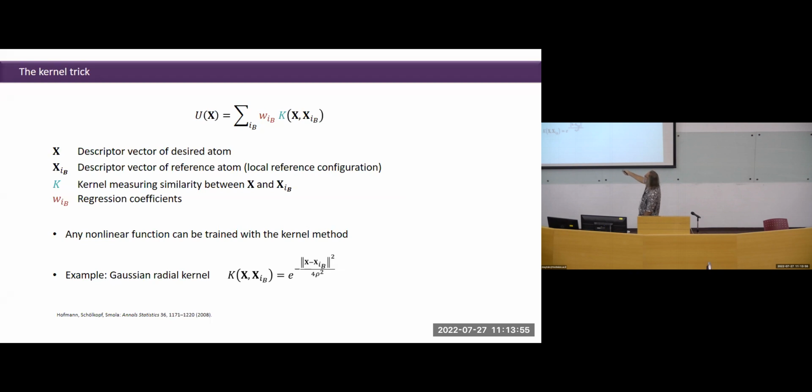This kernel function can in fact be freely chosen. It should just be a function such that, if I have a local surrounding around an atom that is very similar to a reference that I have, then this function should be close to 1. And if it's completely dissimilar to the reference local environments that I have collected, then this function should be 0. That is essentially the only thing that it needs to do.